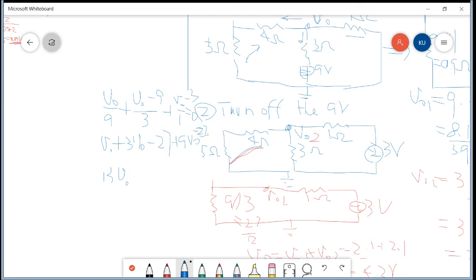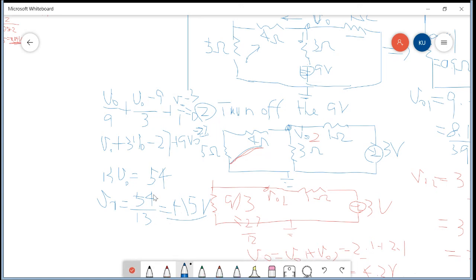Finally we have 54 on the right-hand side. So VO is 54 over 13, which is 4.15.